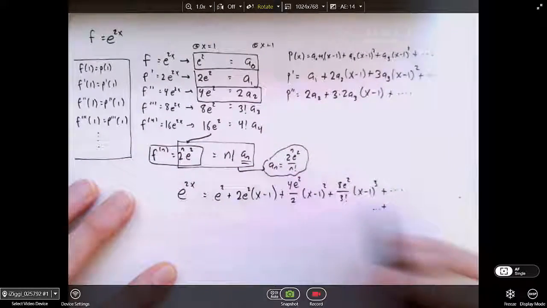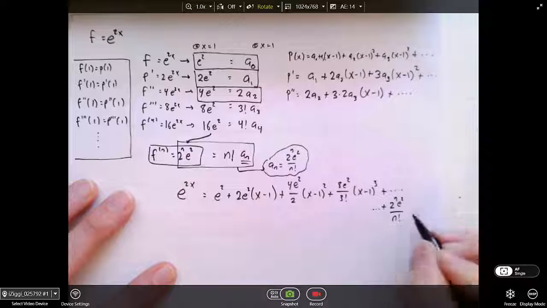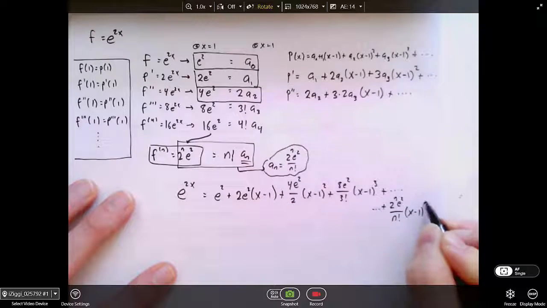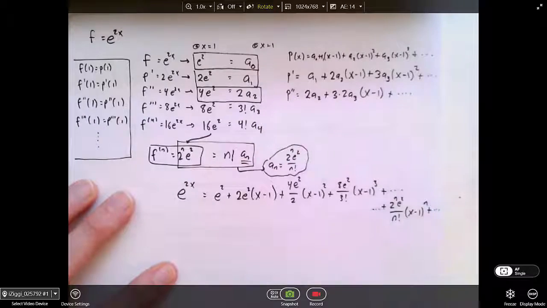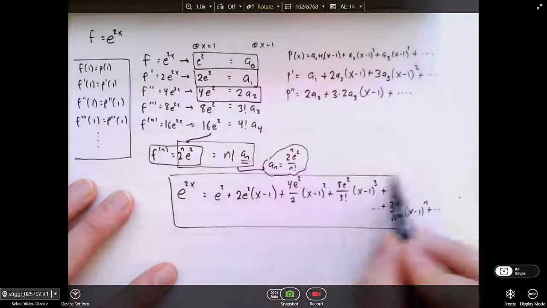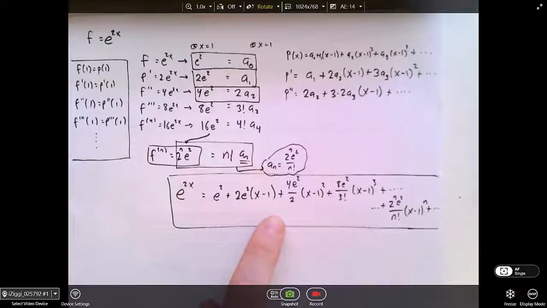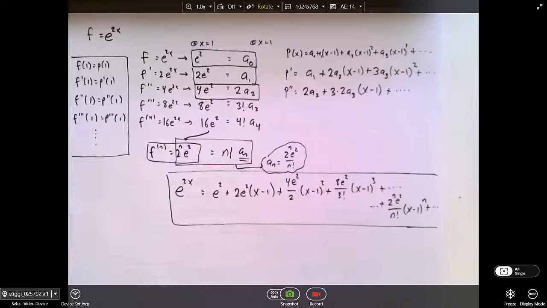So if that's the nth coefficient, 2 to the n e squared over n factorial, the nth term is that coefficient times x minus 1 to the nth power. So now this is a complete series, only now we haven't centered our representation at x equals 0, we've centered our representation at x equals 1.